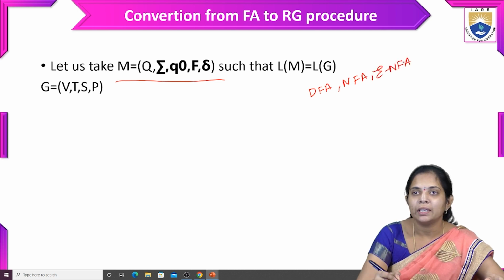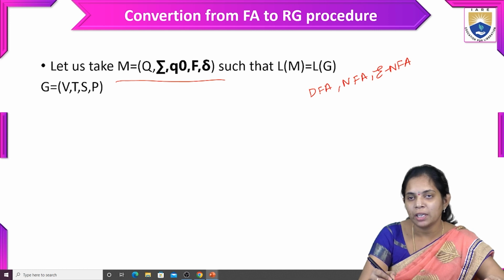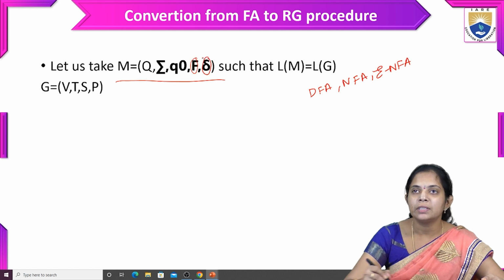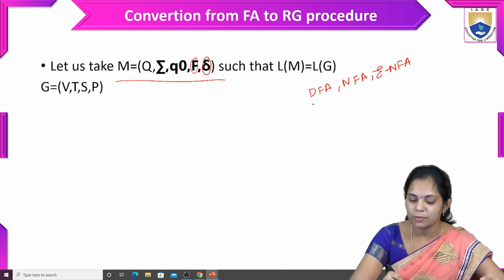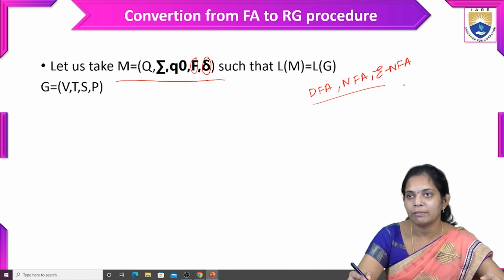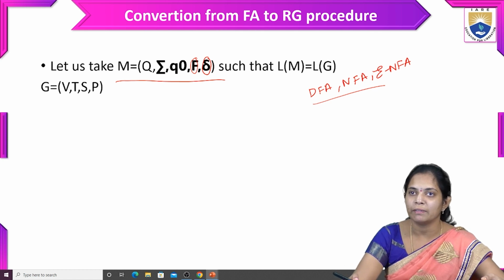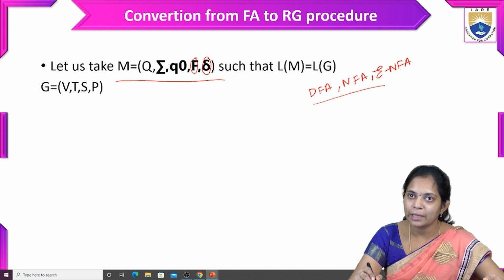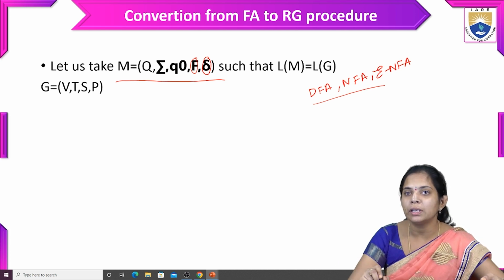So for every finite automata, we have the five tuple. Based on the transition functions and final states, these are the differences we have for the DFA, NFA and epsilon NFA. So here in this video, we would like to convert finite automata into a regular grammar.